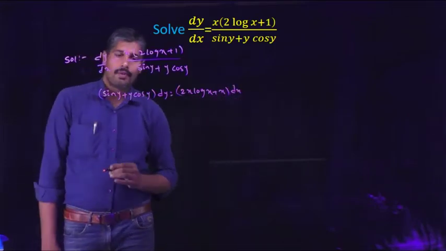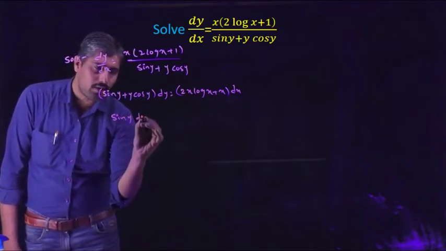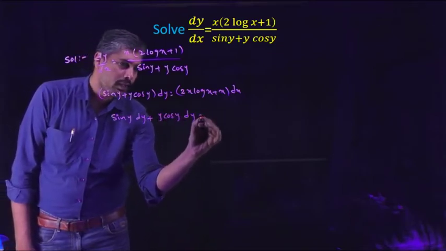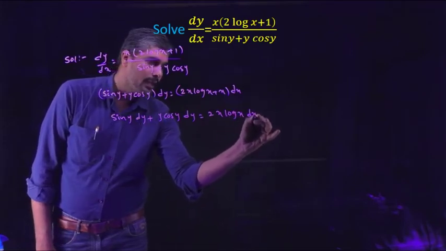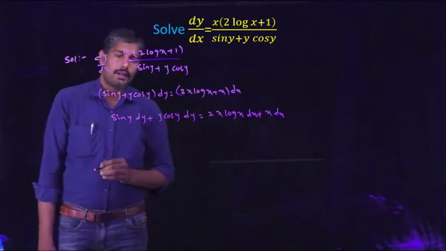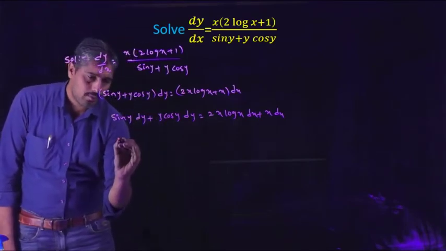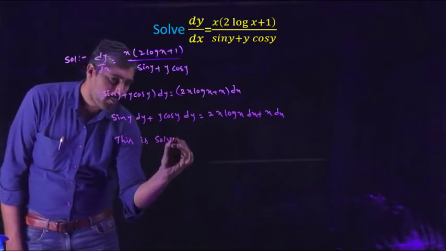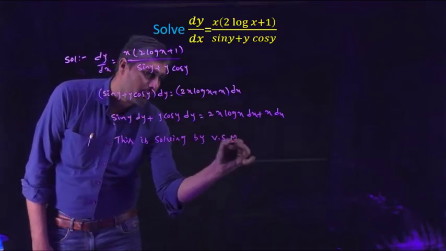Then multiplying with dy, that equals sin y dy plus y cos y dy equal to 2x log x dx plus x dx. This is solved by the variable separable method.